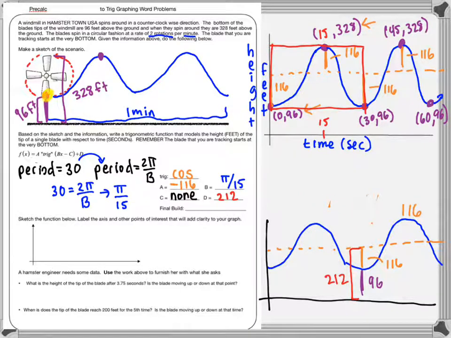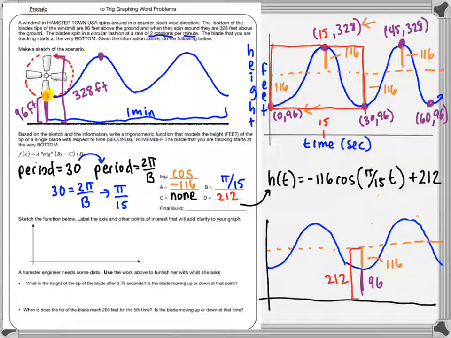Putting these together, I get h of t, height with respect to time, is going to be negative 116 cosine of pi over 15 t, and then plus 212 at the very end. So that's how we do that part.